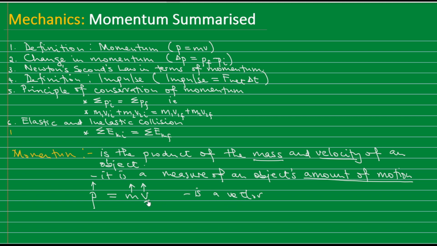So the velocity will determine the vector or the direction of the momentum. The unit that we use for momentum is the kilogram meter per second. You'll find here that we are multiplying the mass in kilograms and the velocity in meters per second. So our unit is in kilogram meter per second.